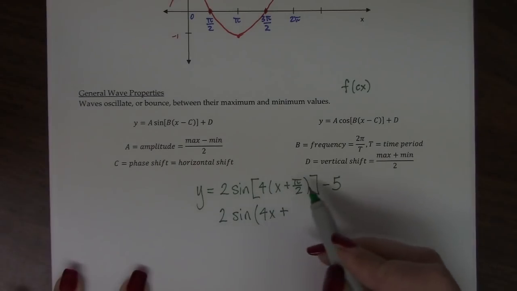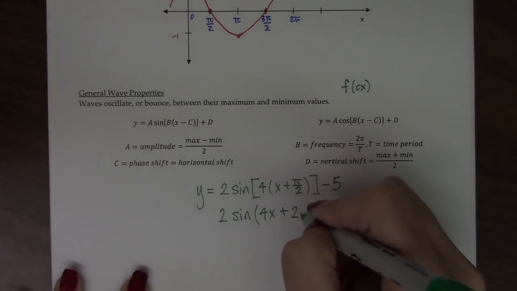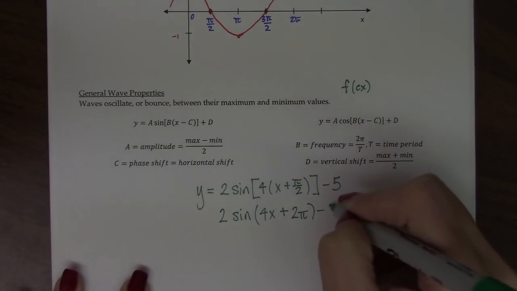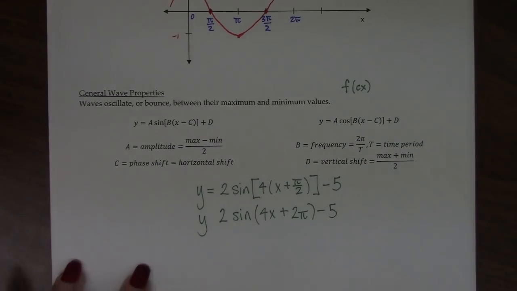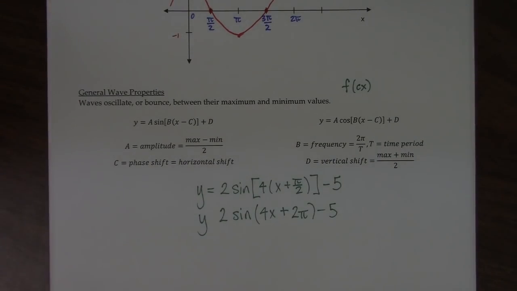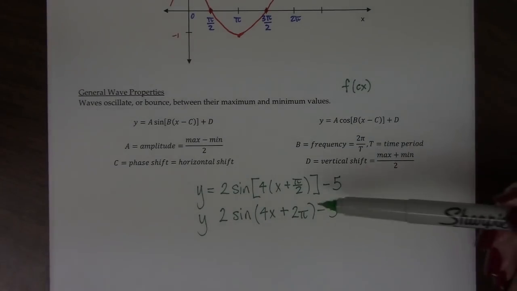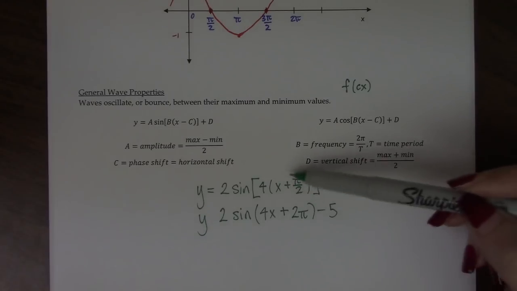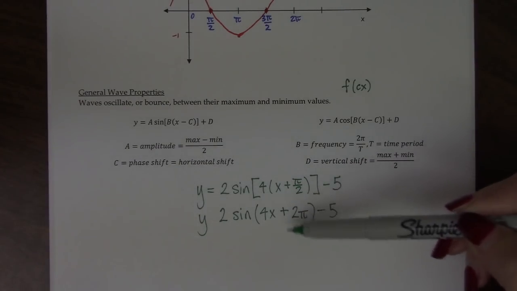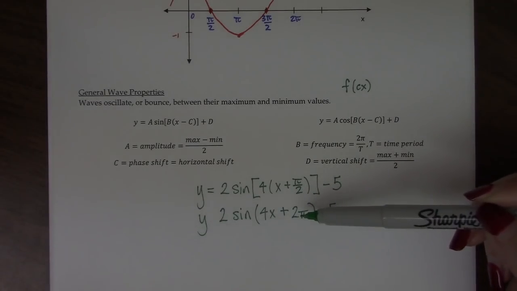When you multiply 4 times pi over 2, you get 2 pi. If I graph these two waves in a graphing utility, they're identical, they're the same. But in this wave, I can actually see the graph move pi over 2 to the left. Down here, a really common mistake students make is to say, oh, the phase shift is 2 pi to the left.